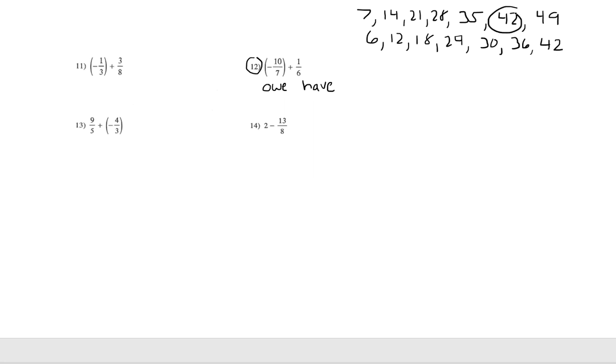Okay, we can see that our least common multiple is 42. That is our common denominator.